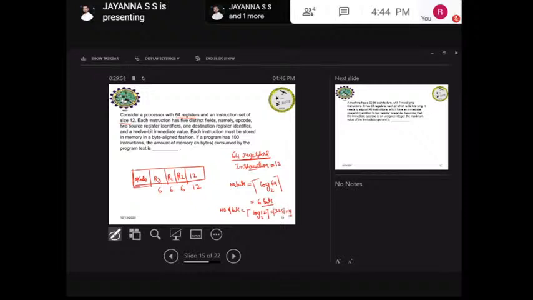So 4 bits are required. Therefore, the opcode field requires 4 bits.